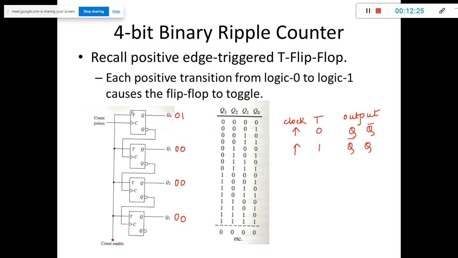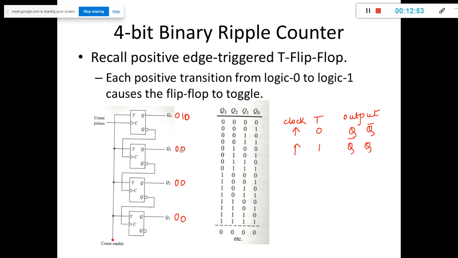Next, again I will apply the count enable. This will become 1 now. Next this becomes 1, which means this 1 will become 0. If this becomes 0, this will become 1. So this 1 will come here, okay. Count enable is applied 1, okay.